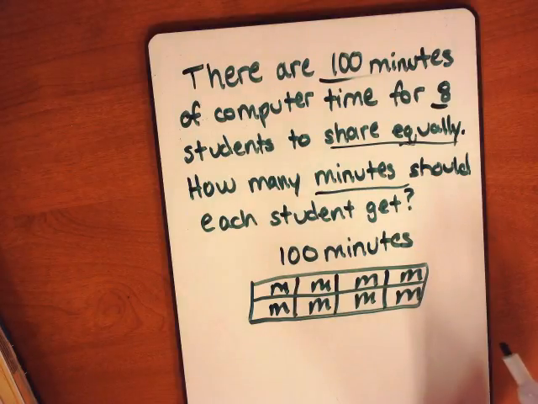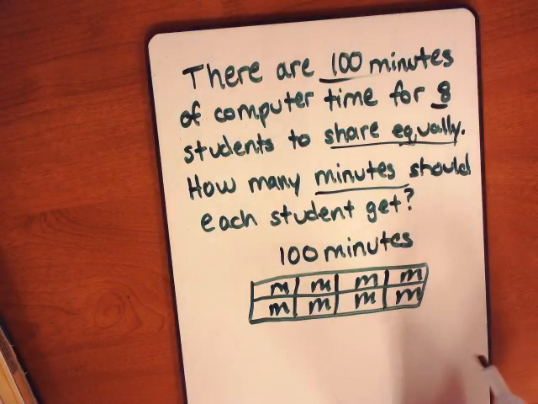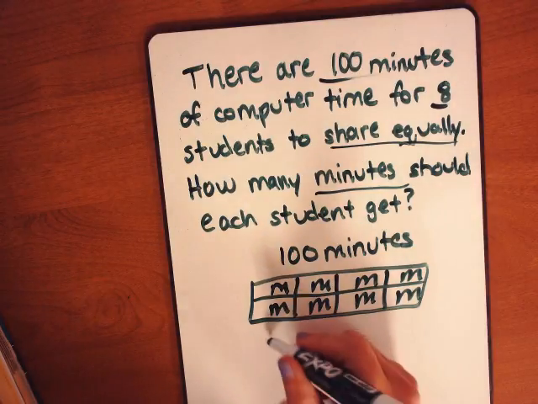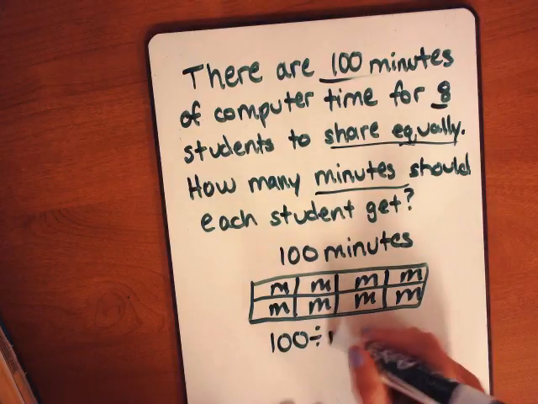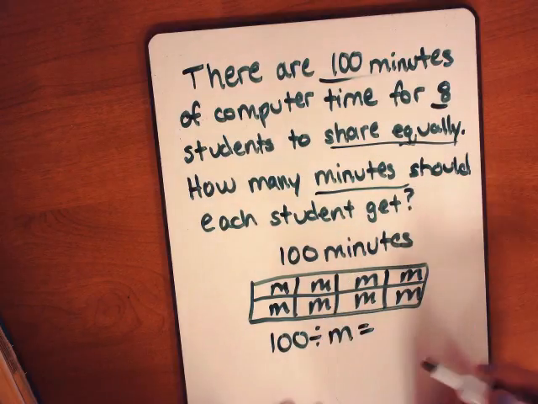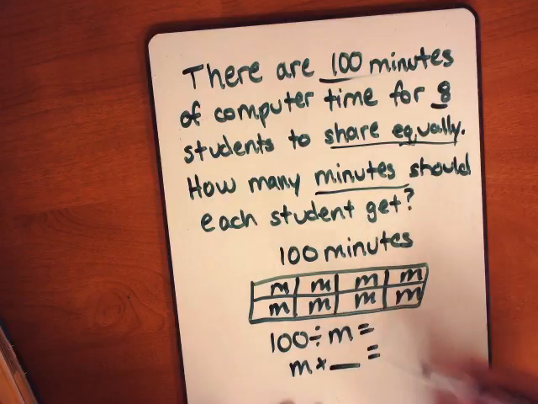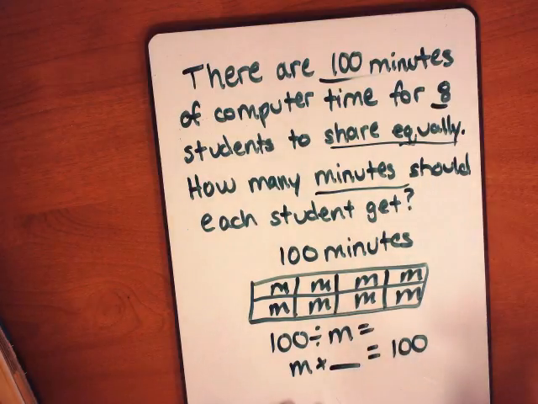Okay? I want you to write a number sentence showing how the letter variable m here and other numbers in the problem are related. So you might think about this as 100 divided by m, or you might think of m times something is equal to 100.